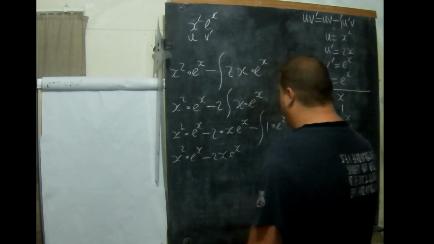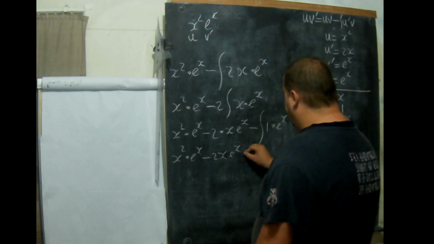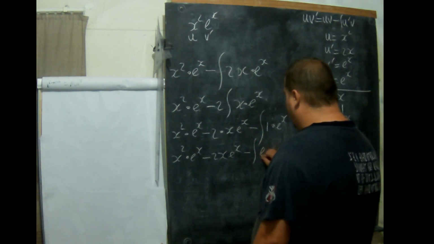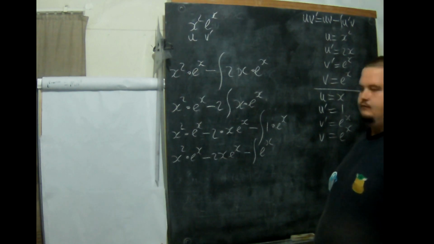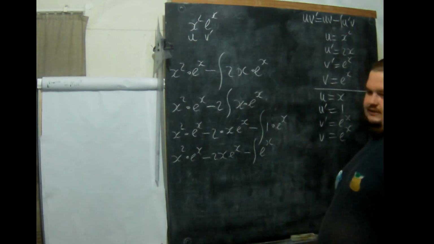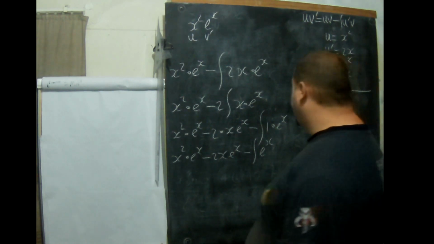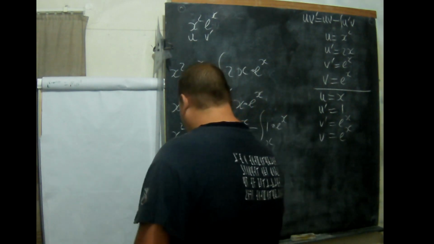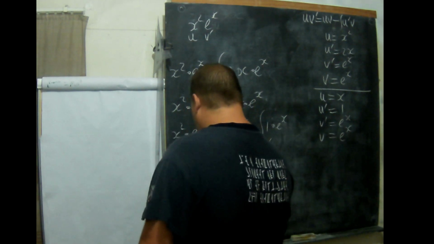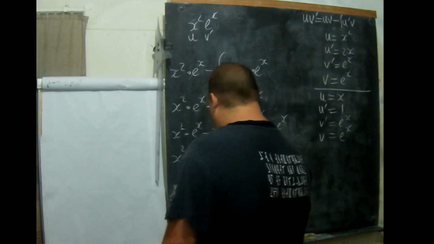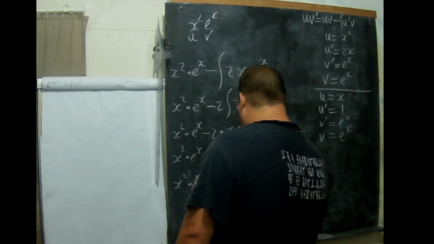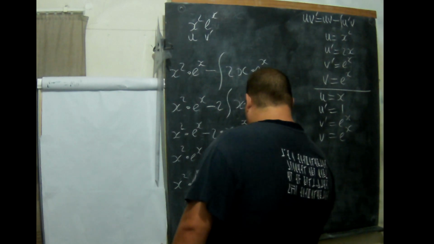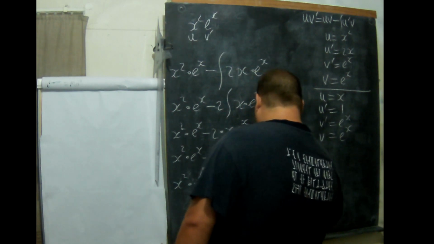So that's 2x e to the x minus the integral of e to the x, because 1 times e to the x will stay e to the x. So this is x squared times e to the x minus 2x e to the x minus e to the x plus c.